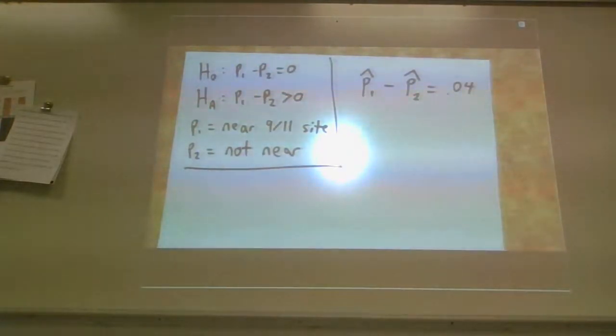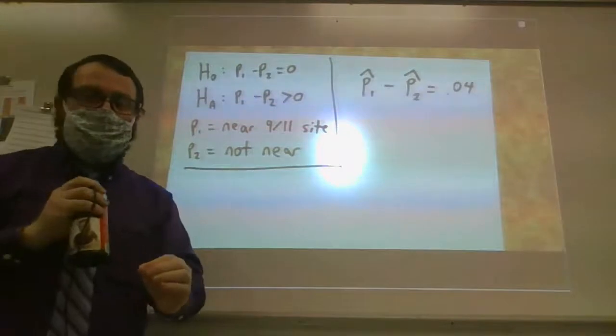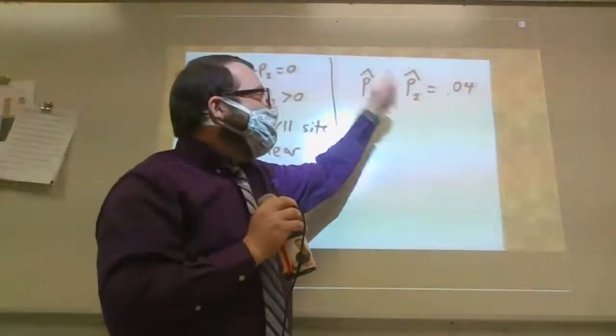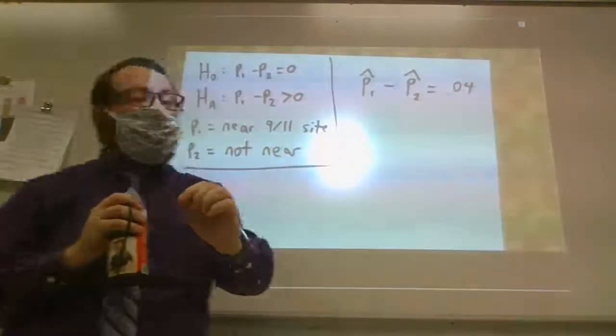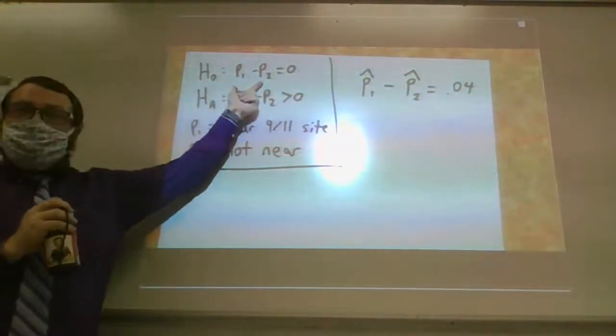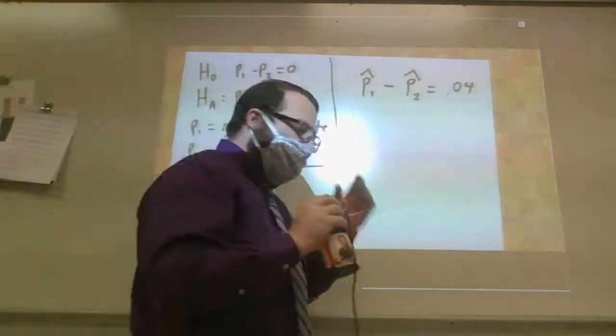Remember what the definition of a p-value is. The p-value, in this case, we got 0.0033. The p-value is the probability of seeing these sampled results given that the null hypothesis is true. That is the pure definition of a p-value.